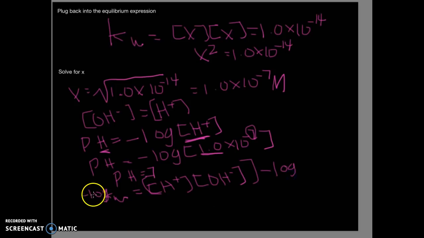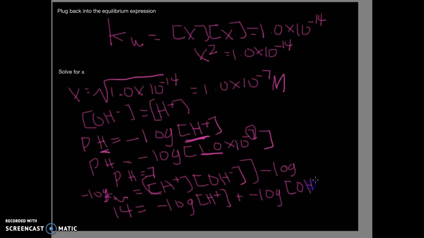The rule of logs will opposite the log of Kw, which is opposite the log of 1 times 10 to the negative 14, is 14. Okay? Opposite the log of two numbers being multiplied together is the same as the sum of their opposite logs. It's just a rule of logs. I don't need you to know that rule. I just need you to know that that's how they get this. OH minus. So it's like the sum of the opposite of logs of these.